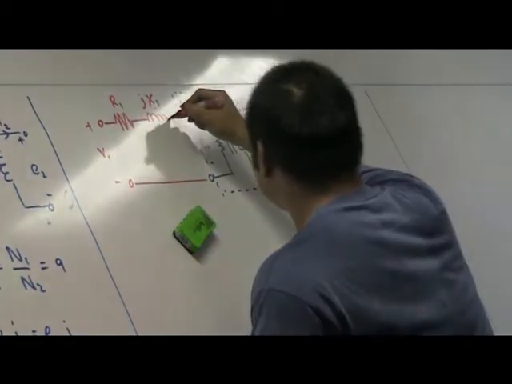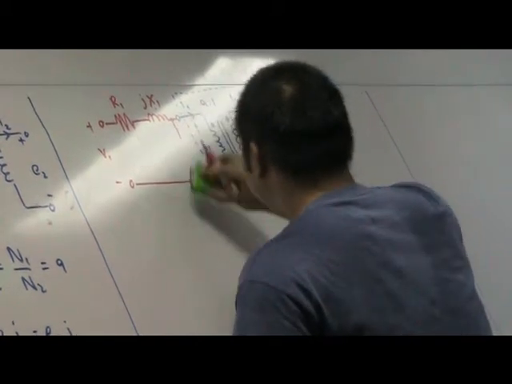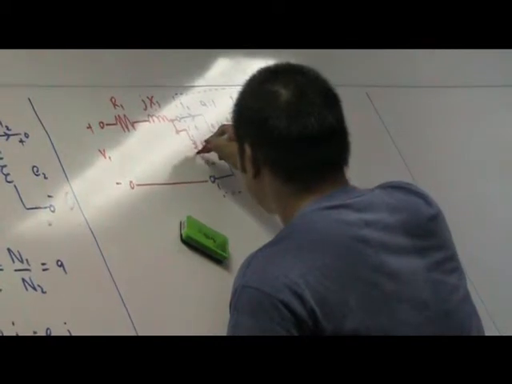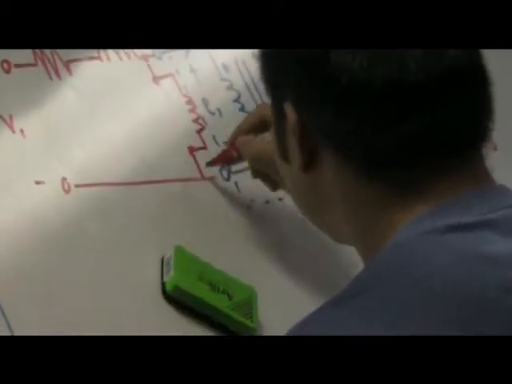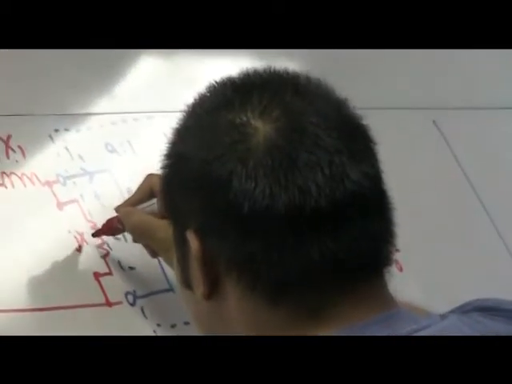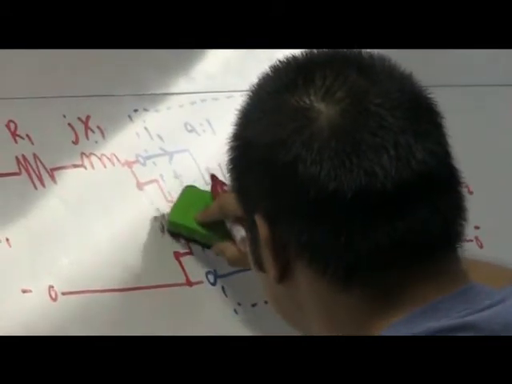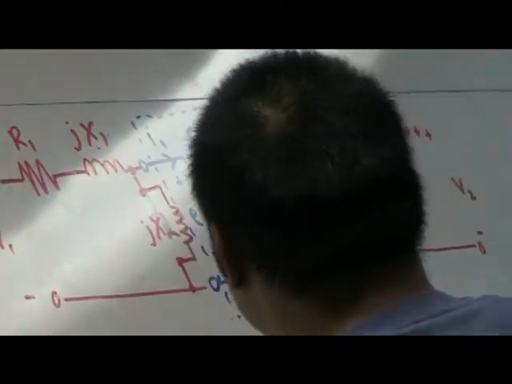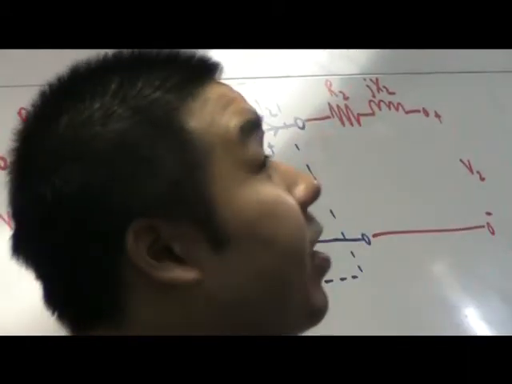So the inductance is modeled as an inductor in parallel with the ideal transformer on the primary side, jXM, where XM is the magnetizing reactance.